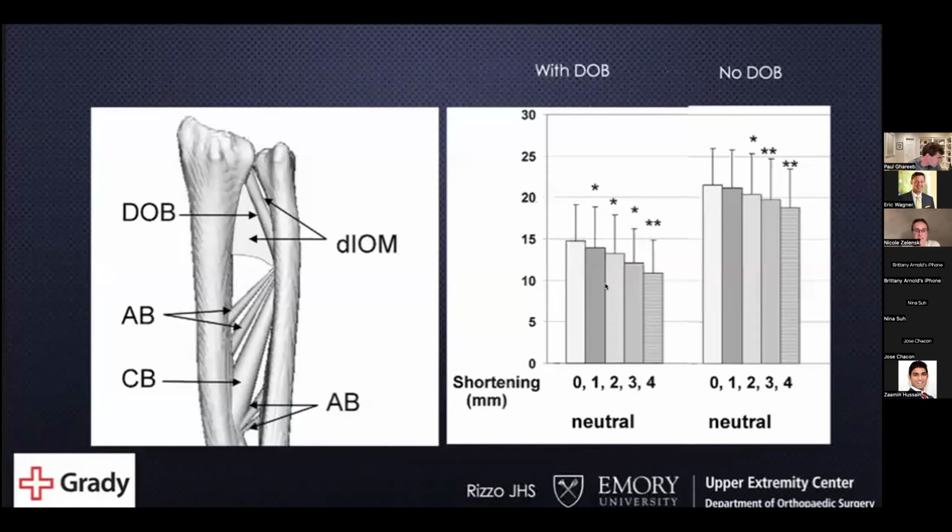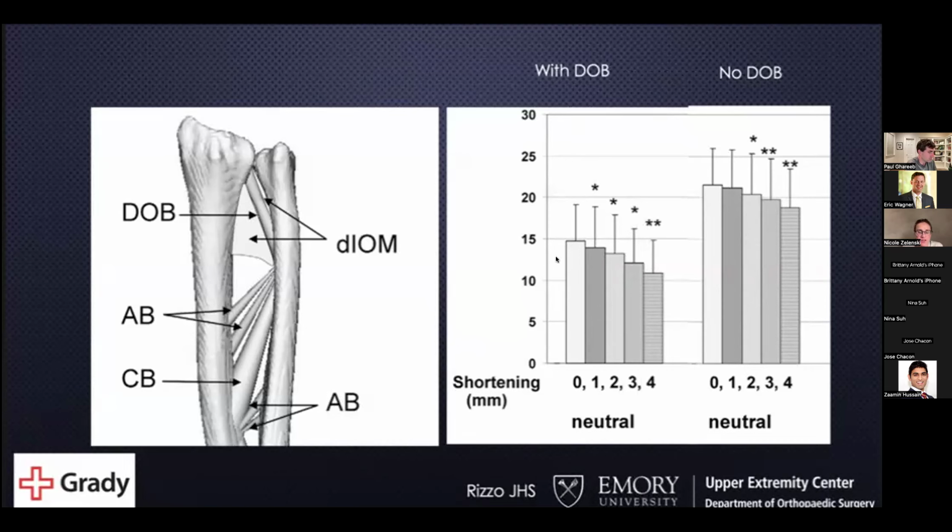So let's break this down a little bit. This is the DOB right here in this picture. And this was a nice study by Dr. Rizzo in JHS that showed that the y-axis is essentially volar dorsal translation, and patients that have a DOB have much less dorsal and ulnar translation of the DRUJ at baseline than those that don't.